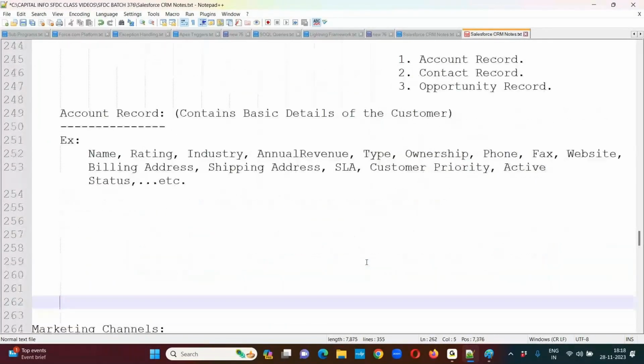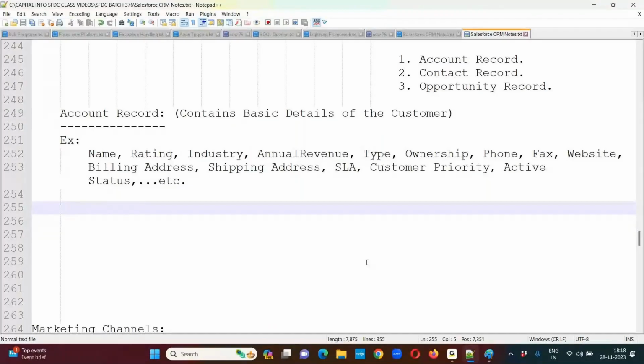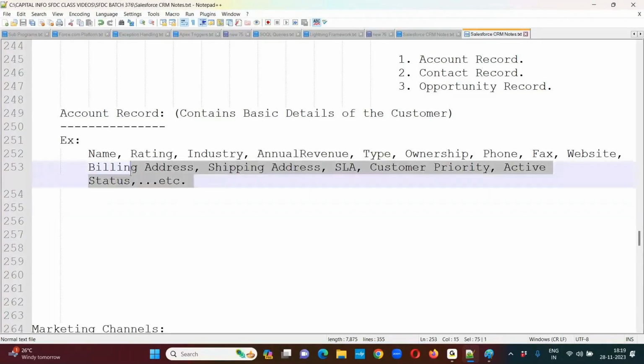So the account record contains the basic details of the customer: name, rating value, industry name, annual revenue, type of the customer, ownership, phone and fax, website information, billing address, shipping address, SLA, priority, and active status, whether the customer is still active or not.